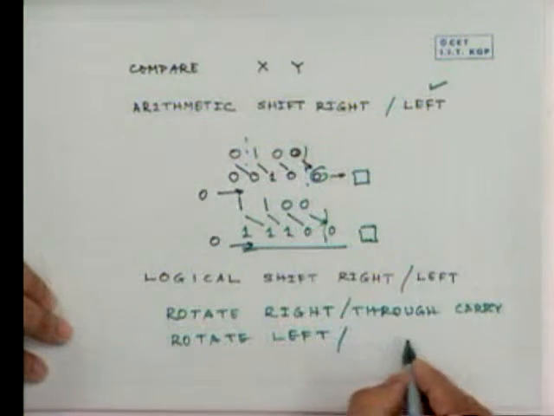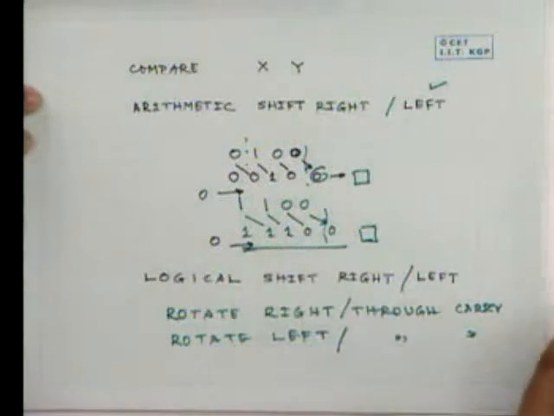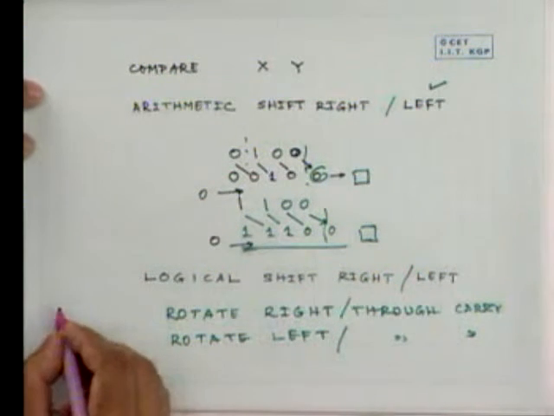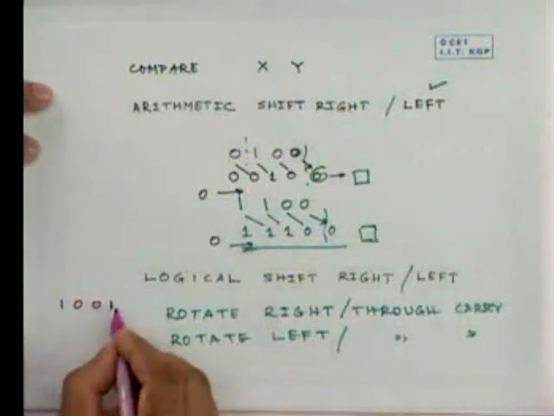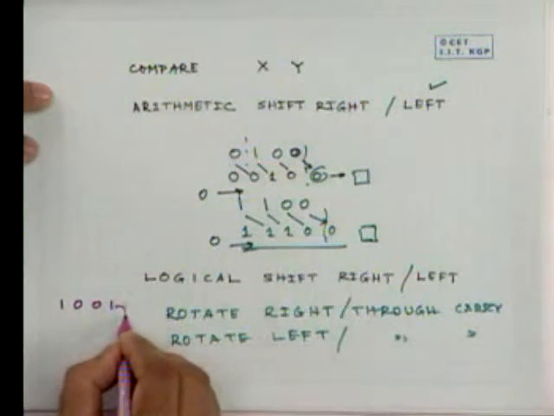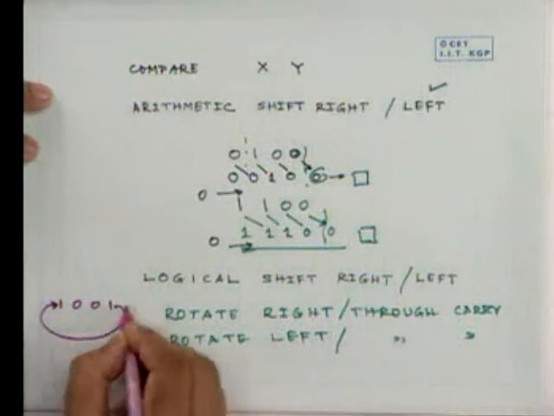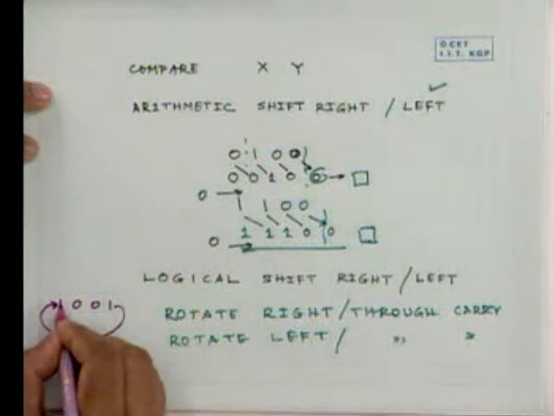This can also be through carry bit. That way we mean that, say for example, if we have a data, say 1001, rotate right means that it will be rotated right, and the bit that comes out of the rightmost position enters into the leftmost position.